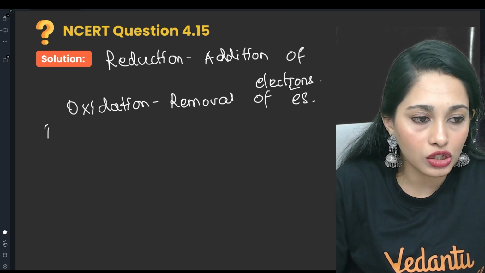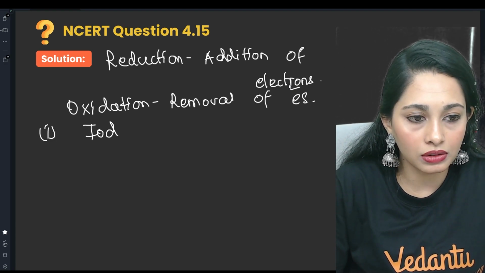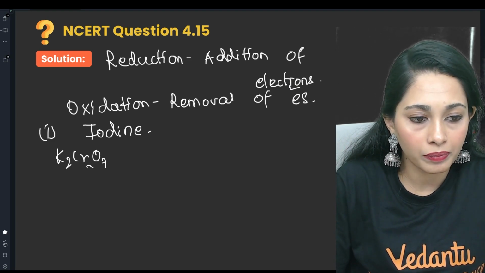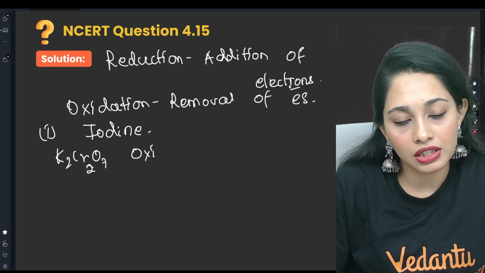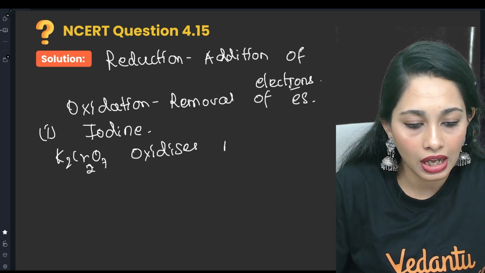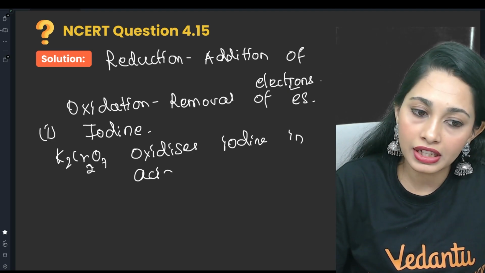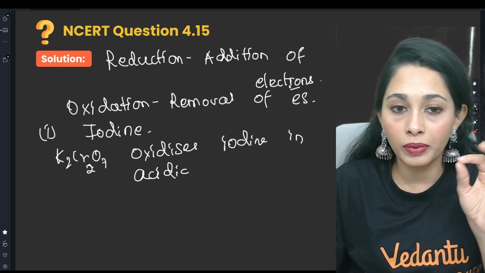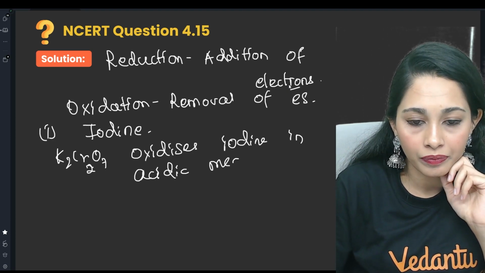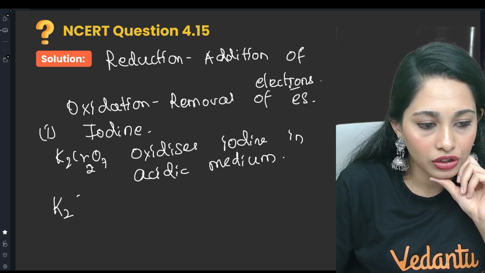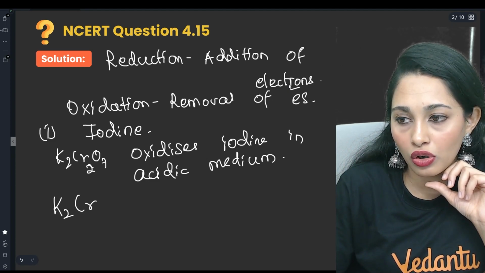So if we see the first one, that is iodine. K2Cr2O7 oxidizes iodine in acidic medium. So it's a very good oxidizing agent, potassium dichromate, but it acts in acidic medium. So what's going to happen?